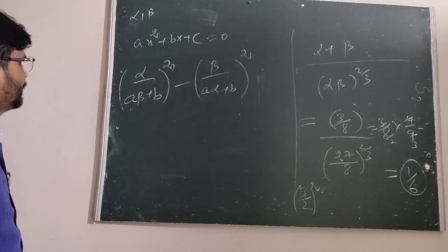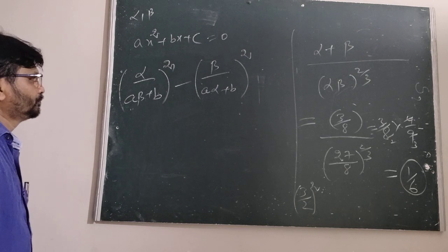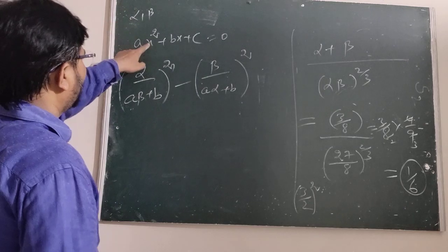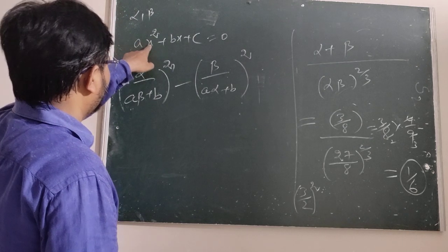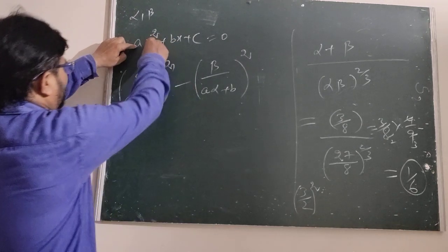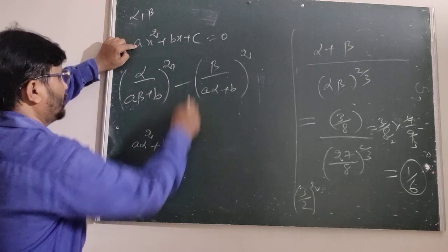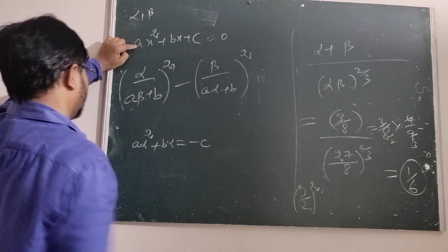Now suppose we put x equal to alpha: a alpha square plus b alpha plus c equal to 0, sending c to the other side, minus c.